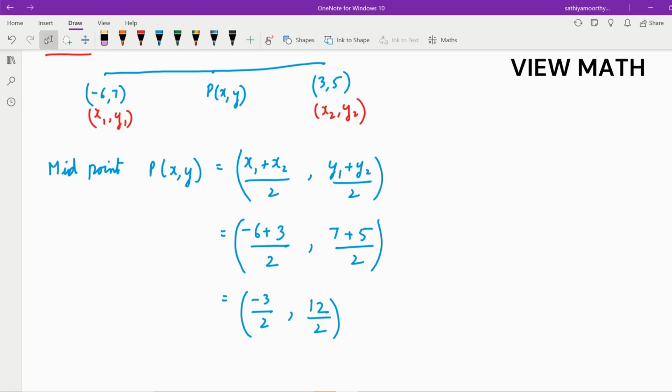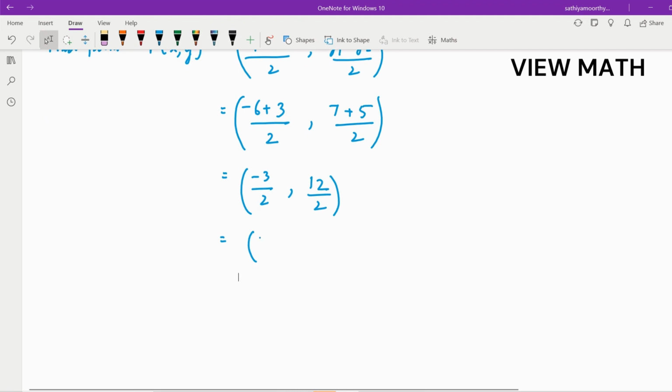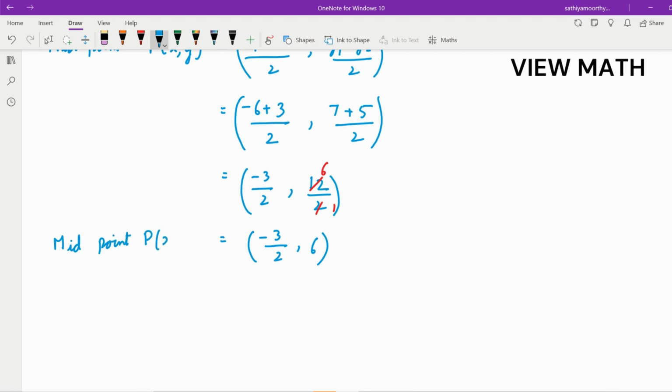If I simplify, I am getting -3 by 2, and 12 by 2 is 6. So this is my midpoint of the line joining the two given points. So the midpoint P(x, y), I have found out, is (-3/2, 6).